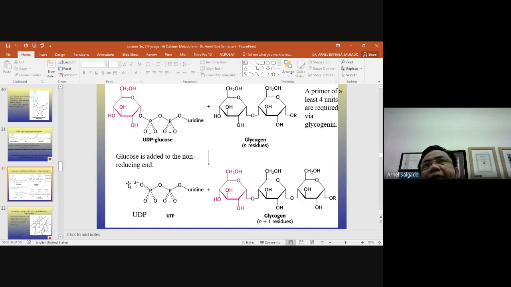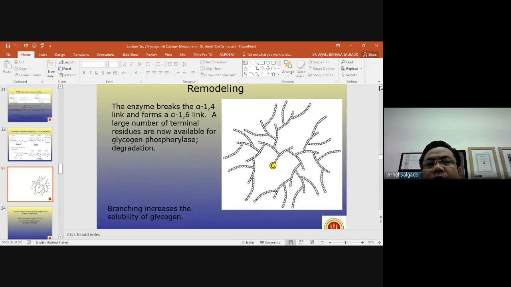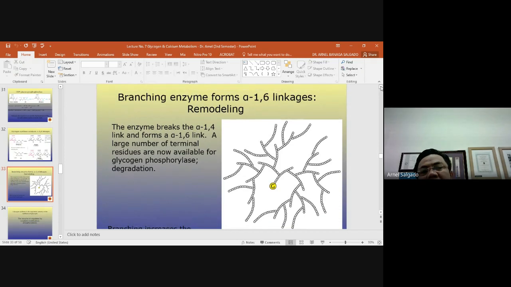Now, in excess glucose, if you look at the process, it's complex, but to simplify it, excess glucose will be deposited in the liver and in the muscles. That's how it goes. Now, let us look into the branching enzyme that forms alpha 1,6 linkages. This is remodeling of the glycogen.